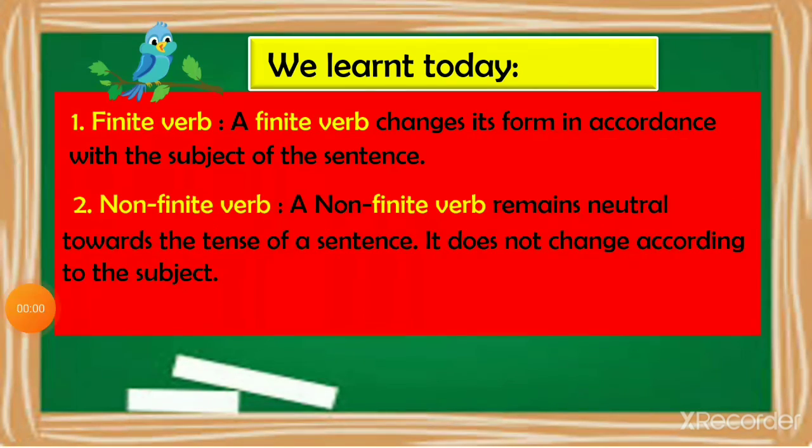And finite verb: a finite verb changes its form in accordance with the subject of the sentence. Non-finite verb: a non-finite verb remains neutral towards the tense of a sentence. It does not change according to the subject, right? So a finite verb has an agreement with the subject. It changes according to the subject, and a non-finite verb is neutral and does not change according to the subject.